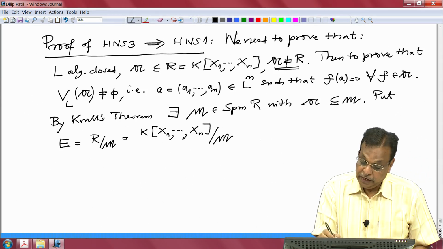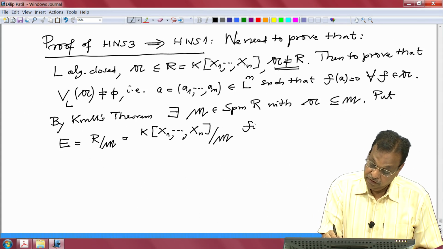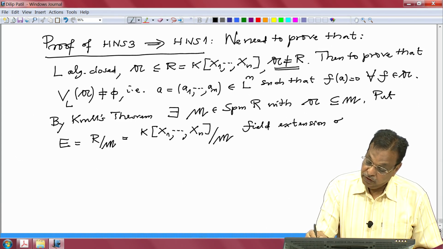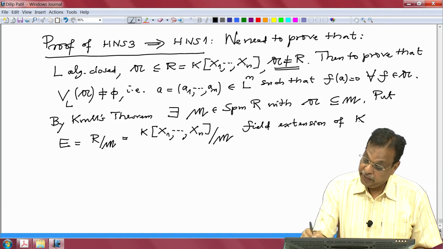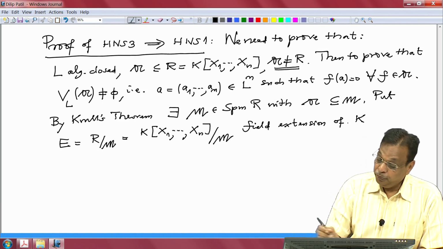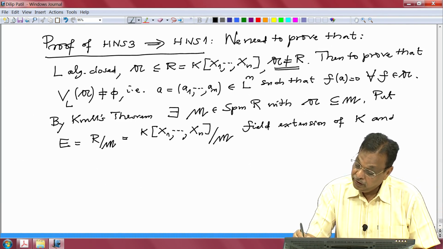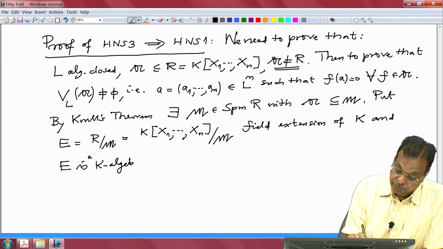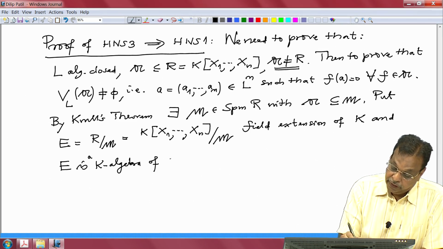So, it is clear that this E is a field and it is an extension of the field K, and also E is a K algebra of finite type.